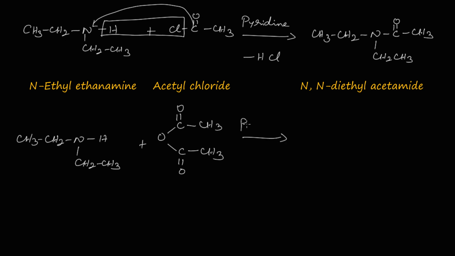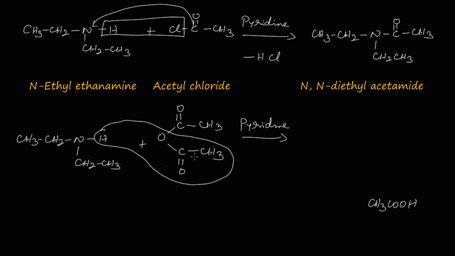As we learned earlier, the reaction takes place in presence of pyridine, the hydrogen from the secondary amine group and the OCOCH3 from the acetic anhydride will leave as acetic acid, that is CH3COOH. The remaining, this carbon will get attached to the secondary amine group. So we get CH3, CH2, N, C double bond O, CH3, here CH2, CH3. The name of this compound is N,N-diethyl ethanamide.